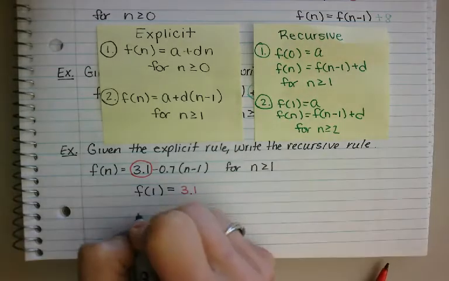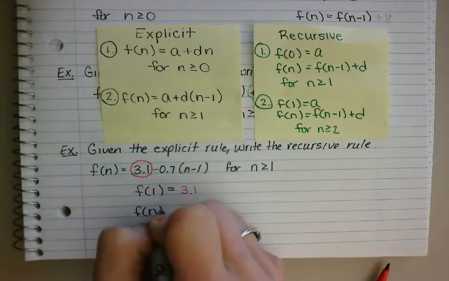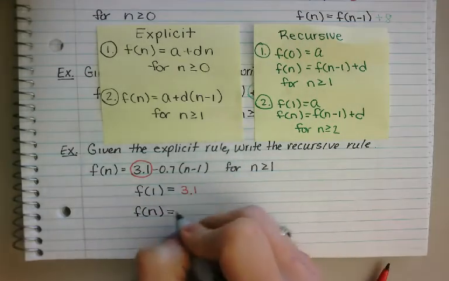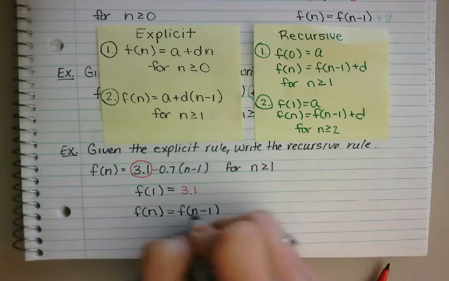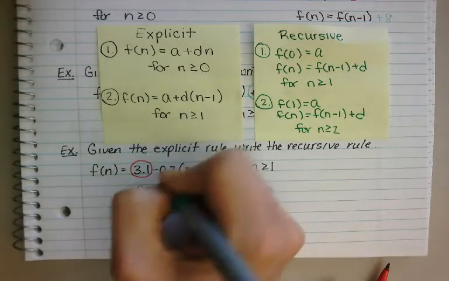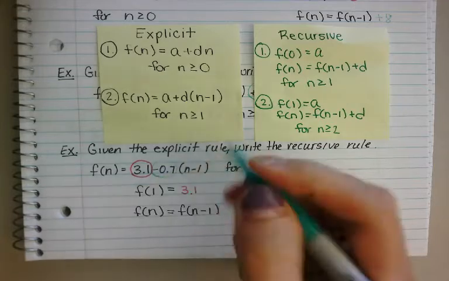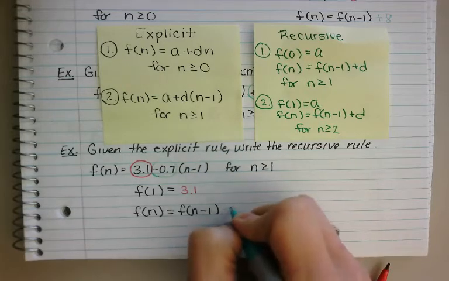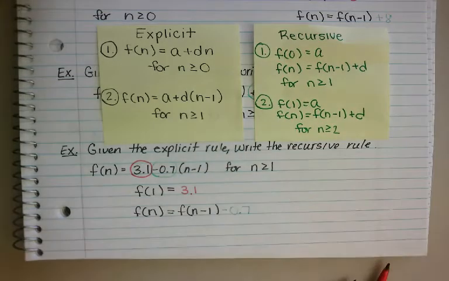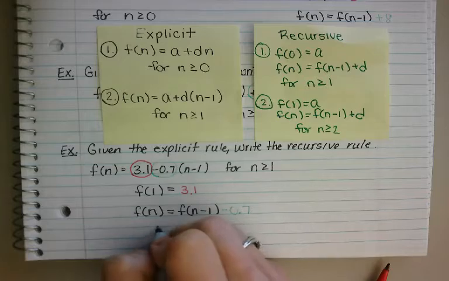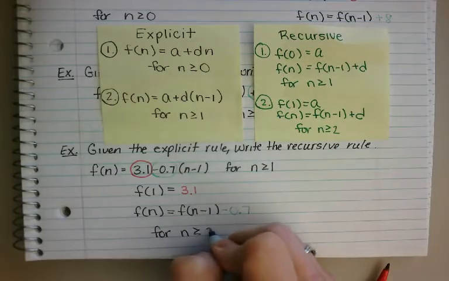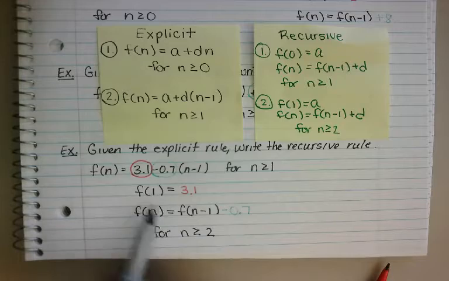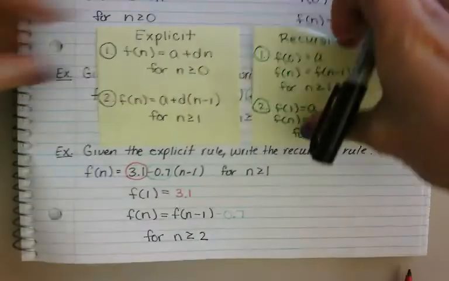Then we're going to say f of n, this would let the reader find any next term, is to take the previous number, so that's what this means, and they're subtracting 7/10 from it. And I'm going to say for my n's greater than or equal to 2, because if they start off with a 1 here, this is always one more on the recursive.